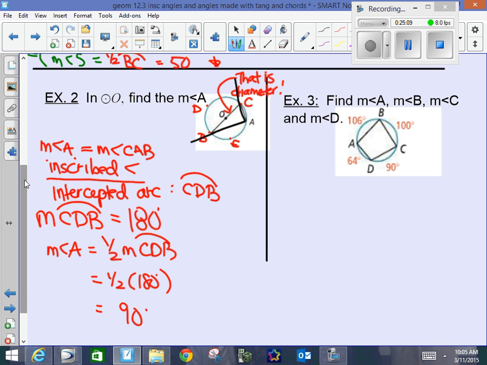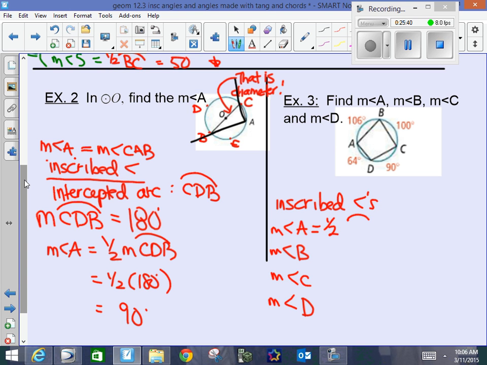Alright. Number 3, find A, B, C, and D. I'm looking at A, B, C, and D, and what kind of angles are they? Inscribed angles again. We're looking for measures, so they have an intercepted arc.